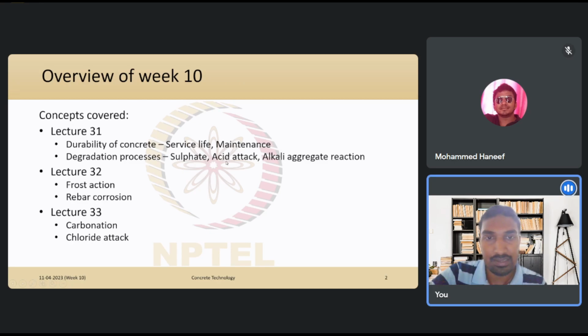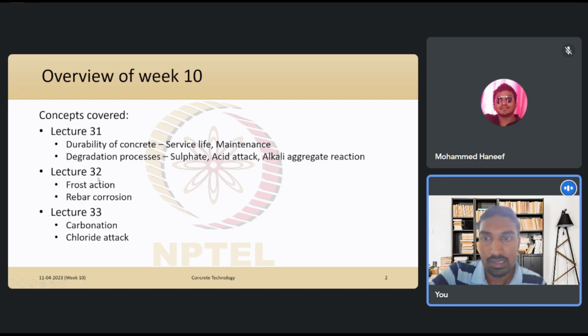Then we looked at acid attack. Acid attack doesn't lead to expansion, but it causes dissolution of the hydration products. And then we also looked at the alkali aggregate reaction. For all these processes, we also looked at how to prevent these attacks.